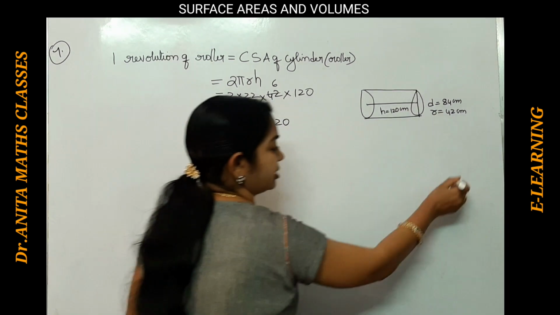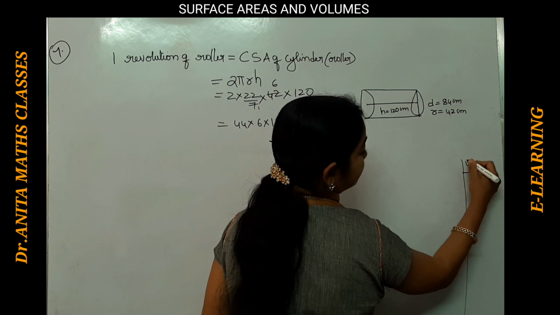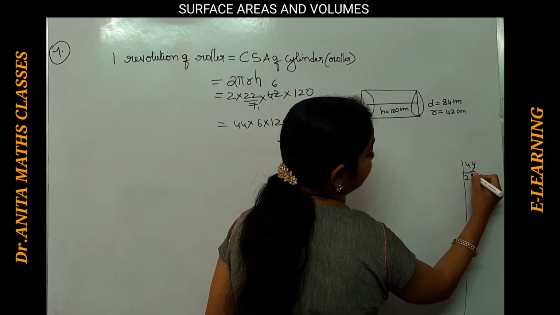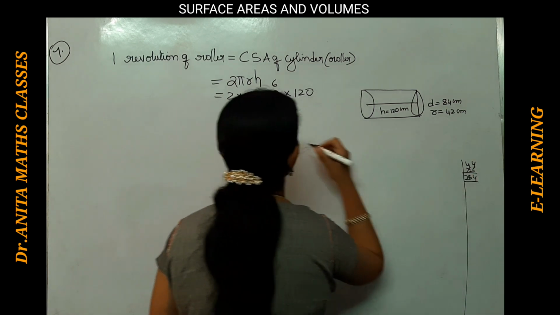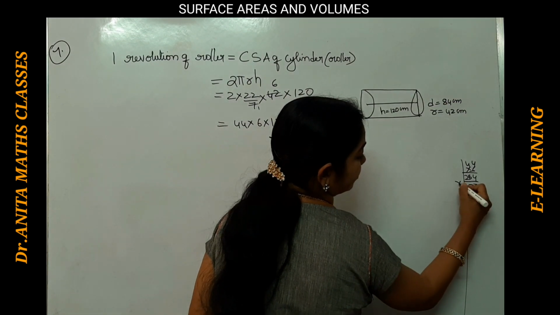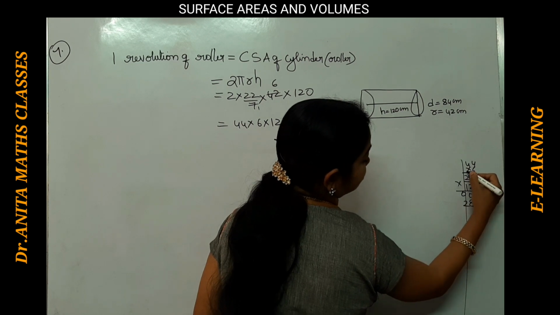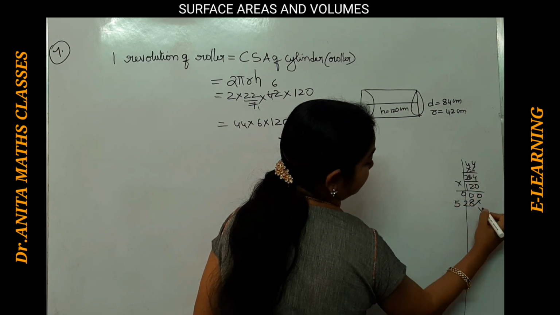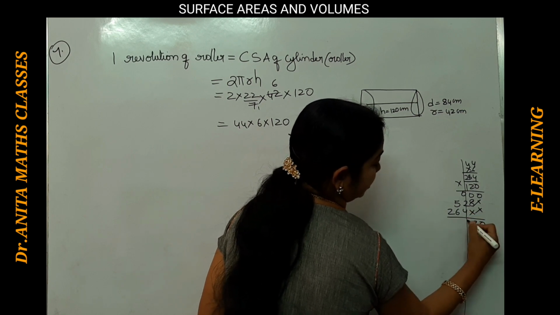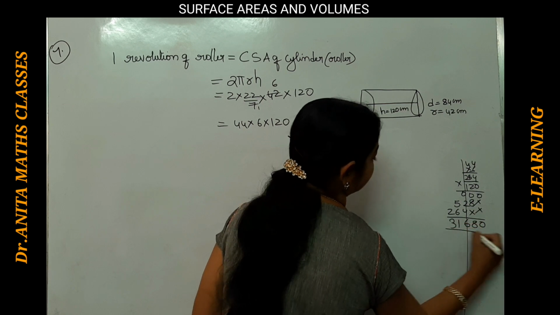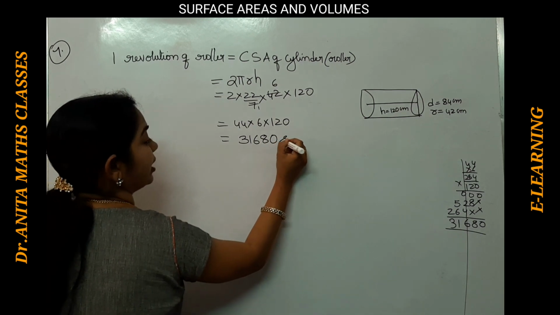We will do the calculations in the rough part here. 44 into 6 is 264. Then 264 into 120 comes to 31680 square centimeters.